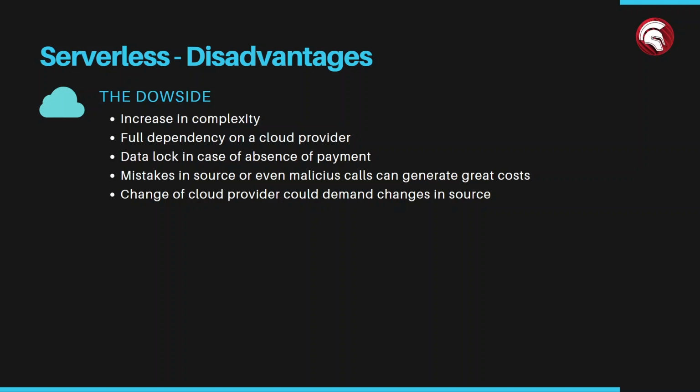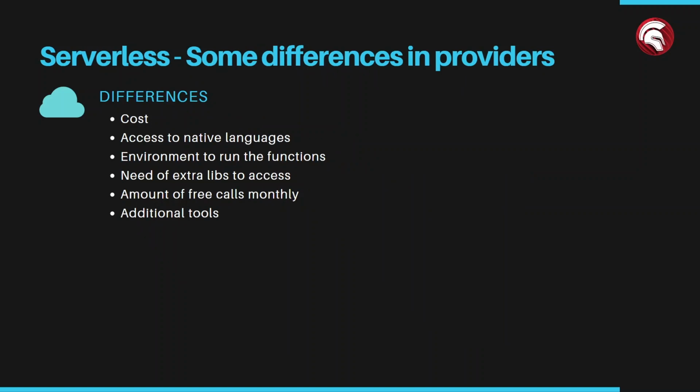in your architecture, right? You maybe don't have some resources on your cloud provider to deal with some things with cloud functions that you have in another. So pay a lot of attention to that, right? And some differences that we have seen in many cloud providers: the cost may have some difference, right?